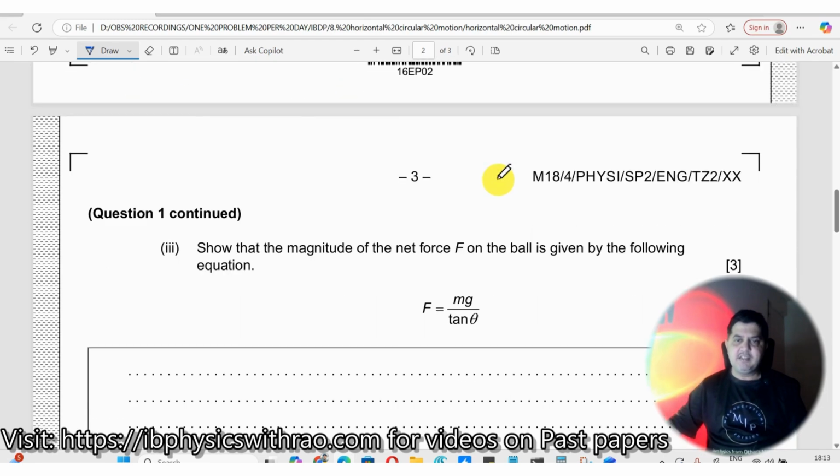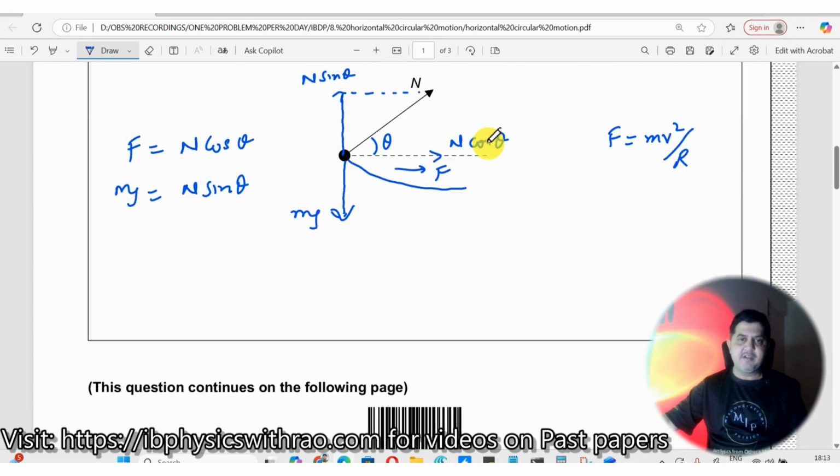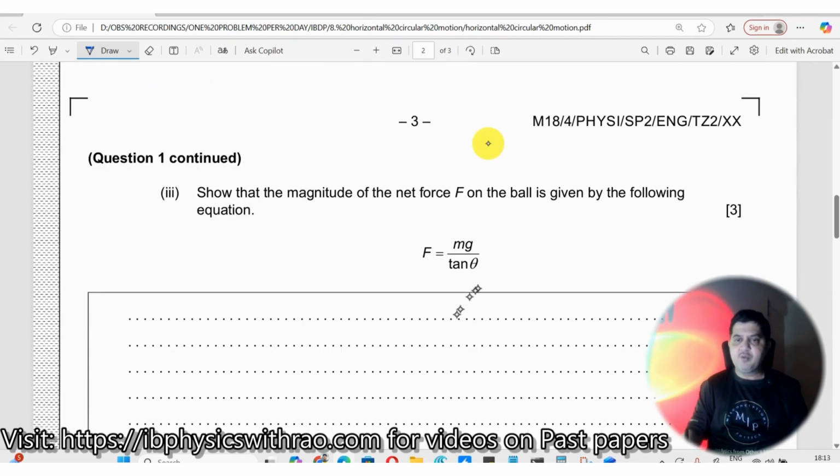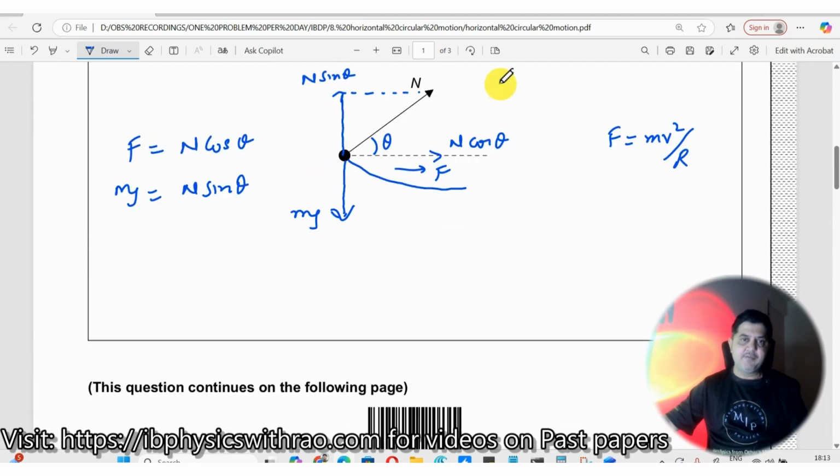Now you see here, this F equal to mg by tan theta is to be shown, right? Somewhere F, mg, tan theta all are related. So I will simplify this and see to it that there is no value of N here, so I am going to eliminate it. I will write F by mg is equal to cot theta. Cos theta by sin theta is cot theta.